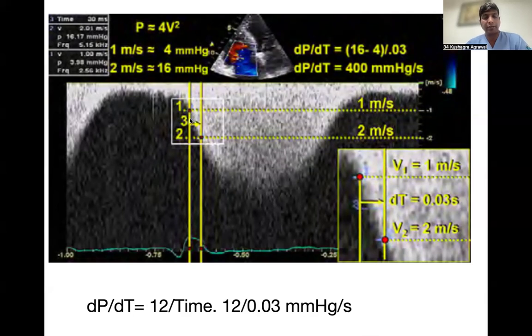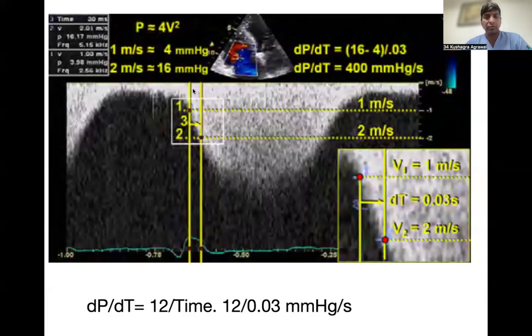And the time travel between this 1 meter to 2 meter per second is measured in this scale. This is the velocity scale, and this is the time scale. So this time is measured. This time is in milliseconds, basically.